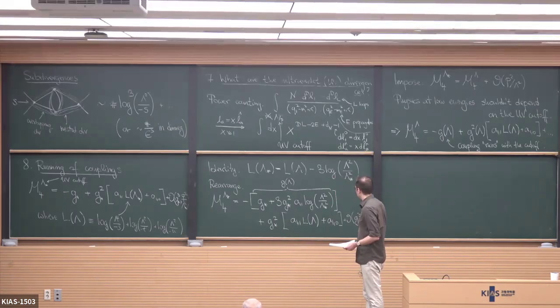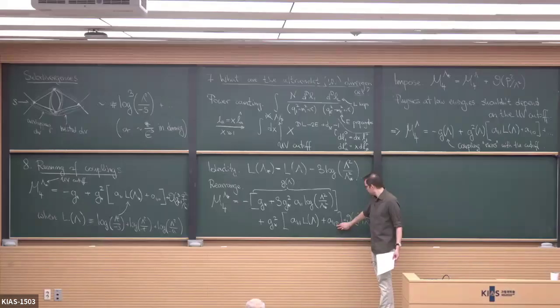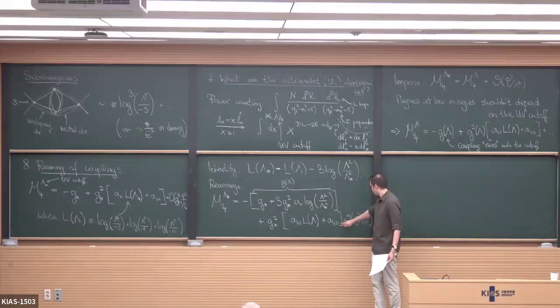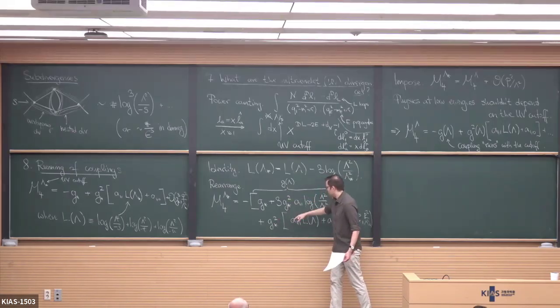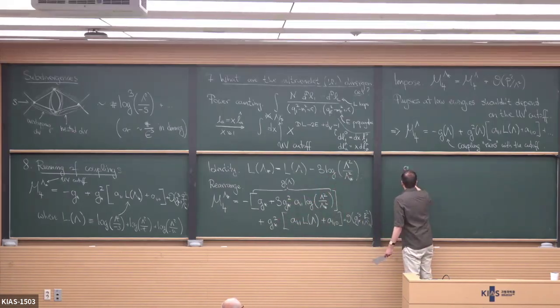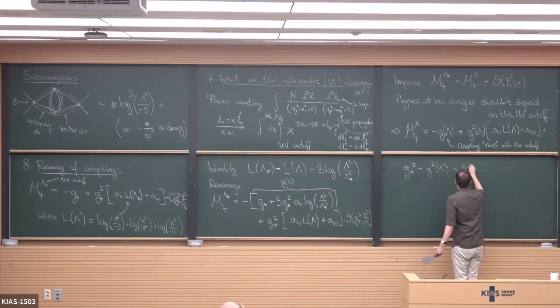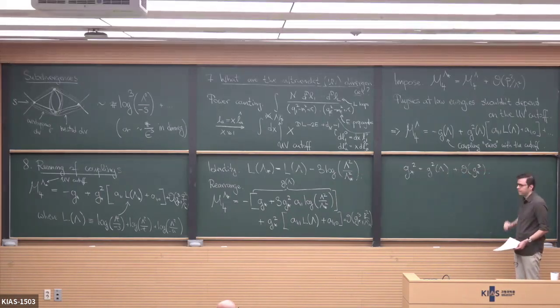Yes? So there's a constant term, you're saying this one? This one, yes. The only thing that I'm saying is that G star squared, sorry, maybe let me write it down. The only thing I'm saying is that this is true up to corrections of this order. Right. Thank you for clarification. Any other questions?